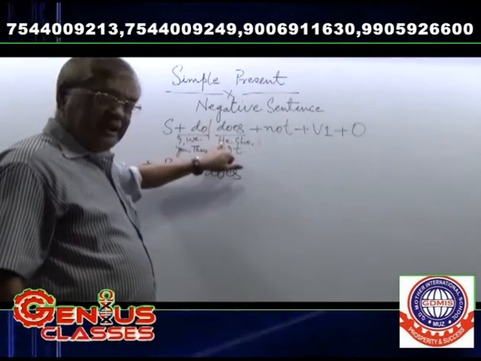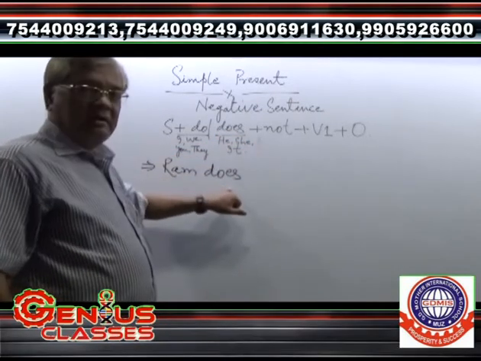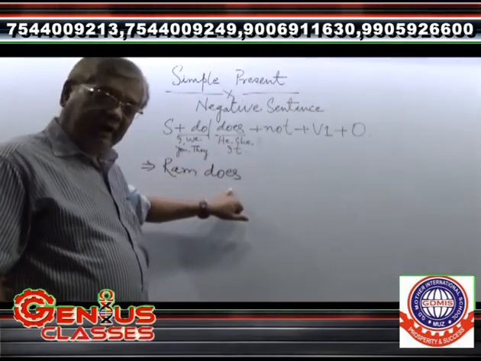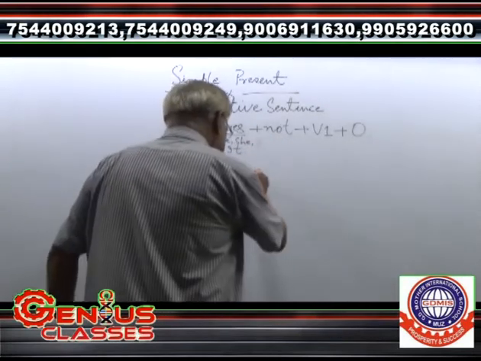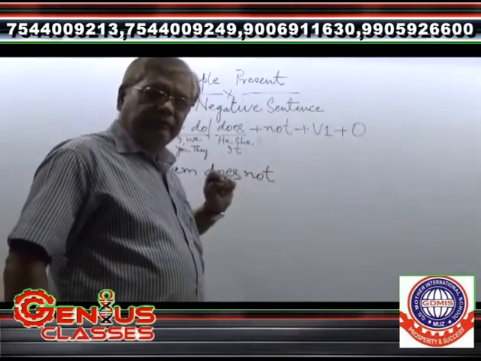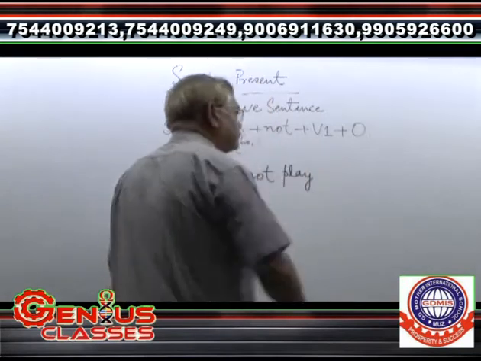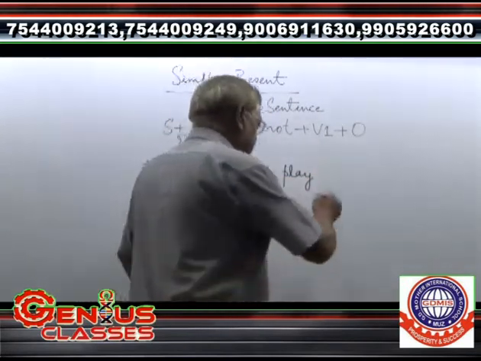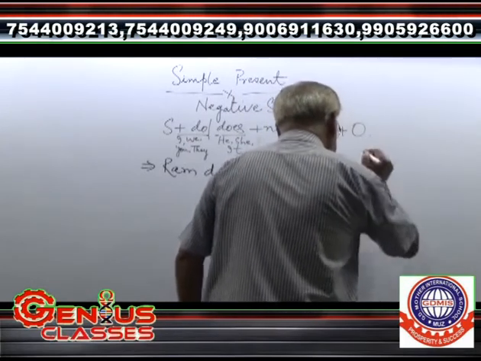Along with he, the helping verb does is applied, so we also have to write does. Then in the structure, not shall be written. Then after that V1, which is play, and an object, it.